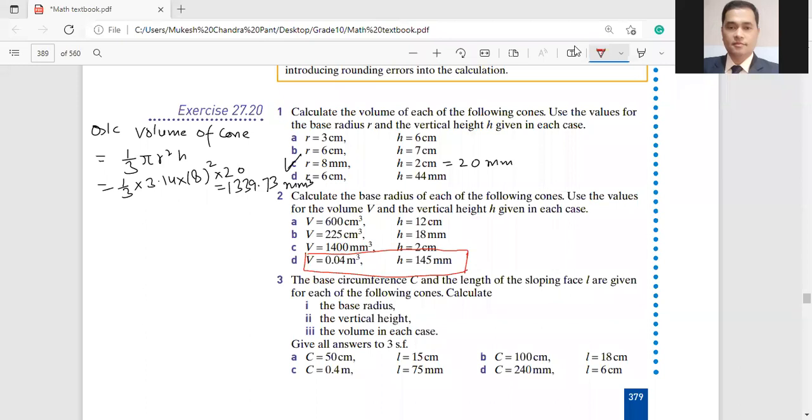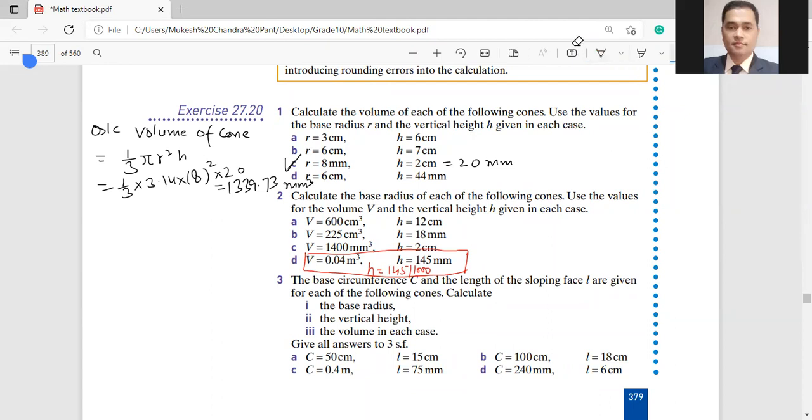Volume equals 0.04 meter cube and height is 145 millimeter. So convert this into meter. I prefer to convert this into meter. H equals 145 over 1000. I think you guys know 1 meter equals 1000 millimeter.